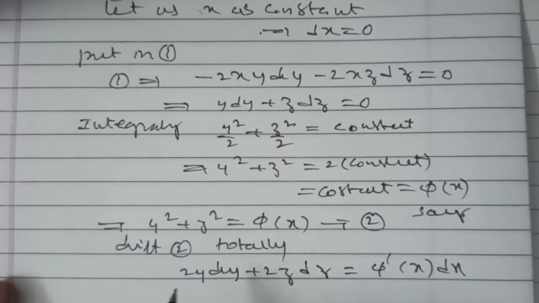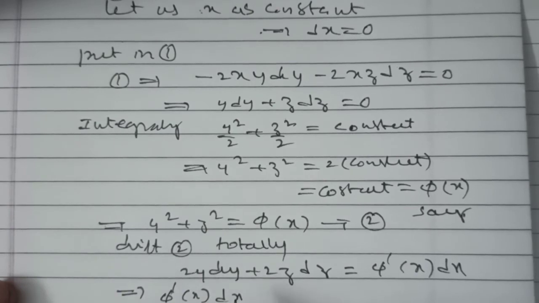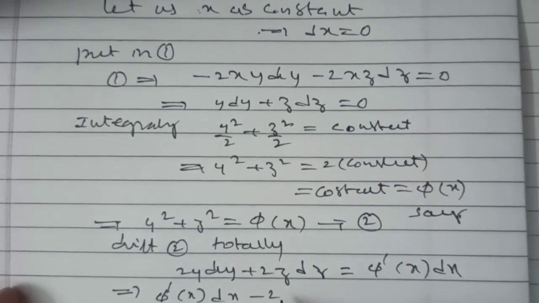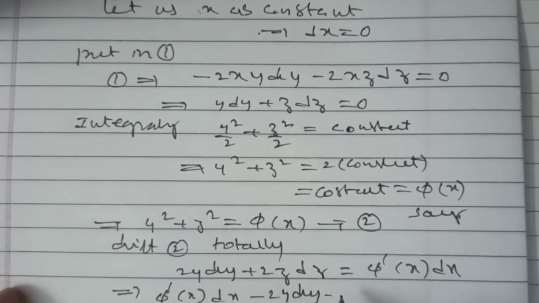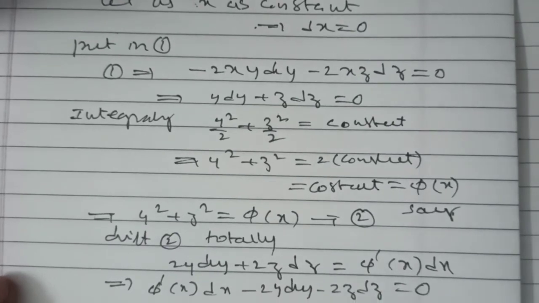This implies phi dash of x dx minus 2y dy minus 2z dz is equal to 0.